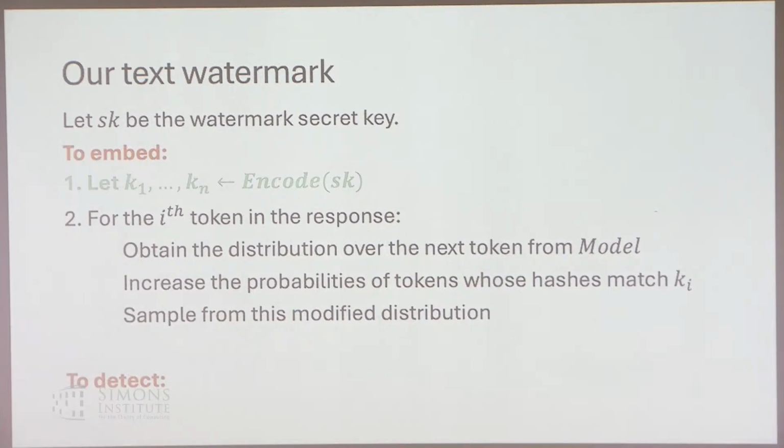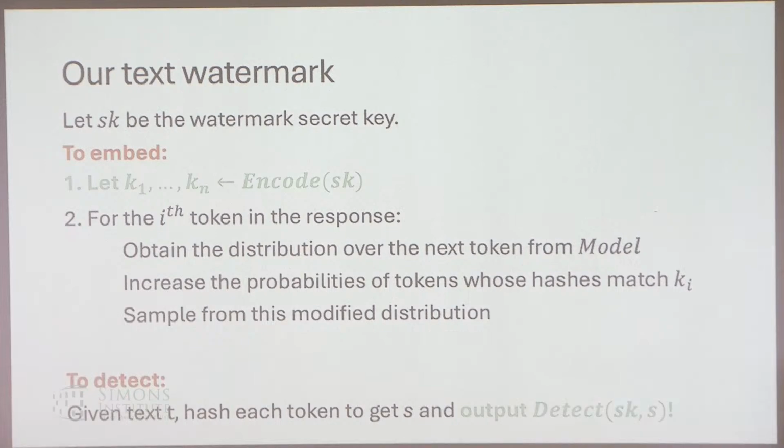And so because our pseudorandom error correcting code is error correcting, if you get a watermarked response and you compute the hashes of the tokens, then the string that you get back will be equal to the original k_i's that you embedded on significantly more than 1/2 of the entries. And so now our robust detection algorithm will output 1.